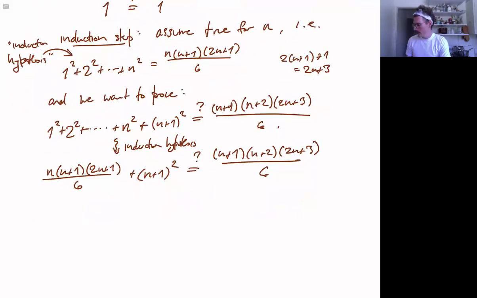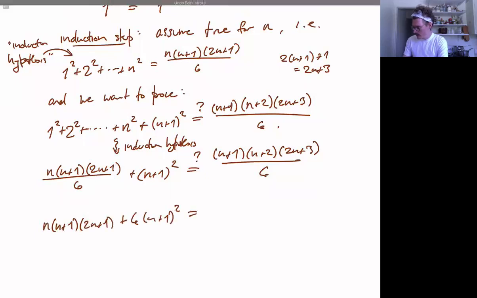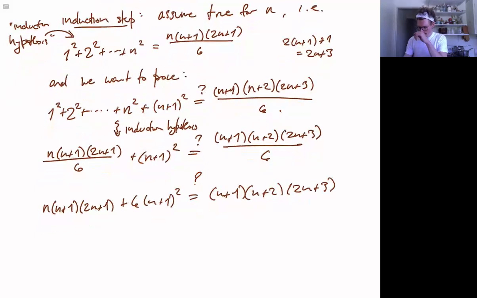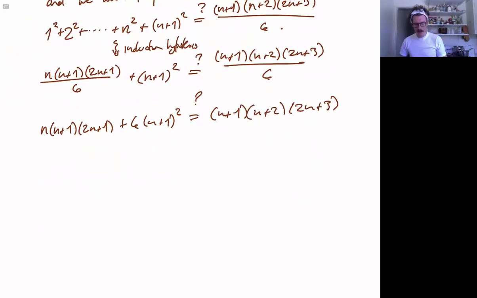So let's do it. I'm going to multiply both sides by 6, just to make the numbers easier to work with. So we get n(n+1)(2n+1) plus 6(n plus 1) squared, is this equal to (n plus 1)(n plus 2)(2n plus 3)? And then, okay, let's try to blaze through this a little bit, because from now on we're just going to be expanding, just foiling, a lot of foiling.